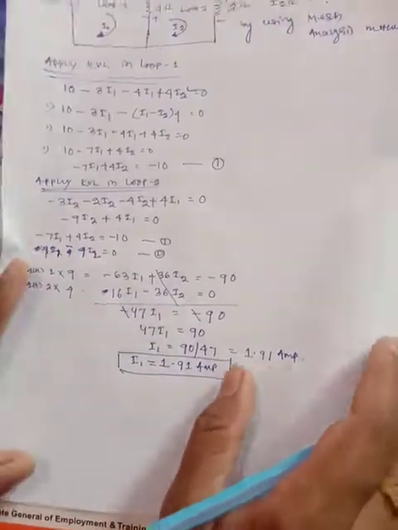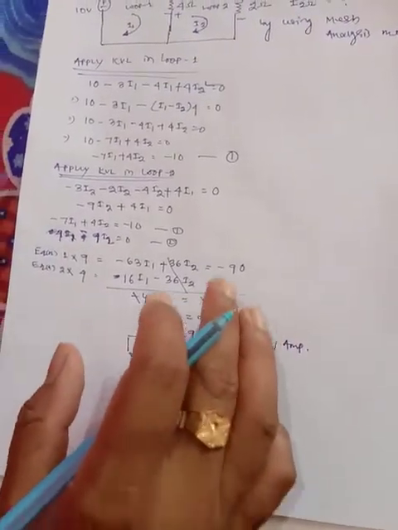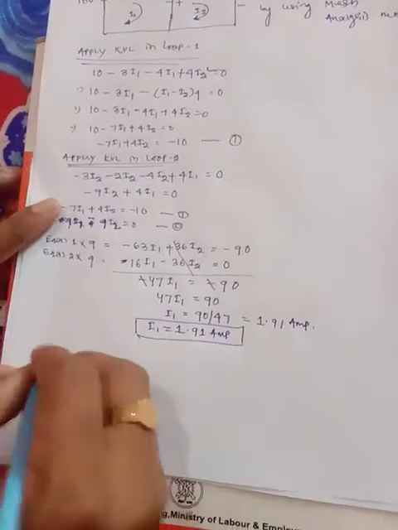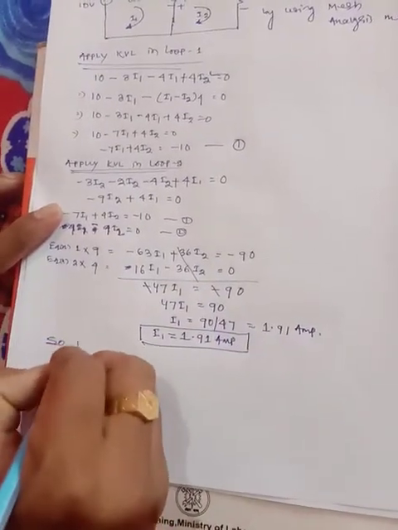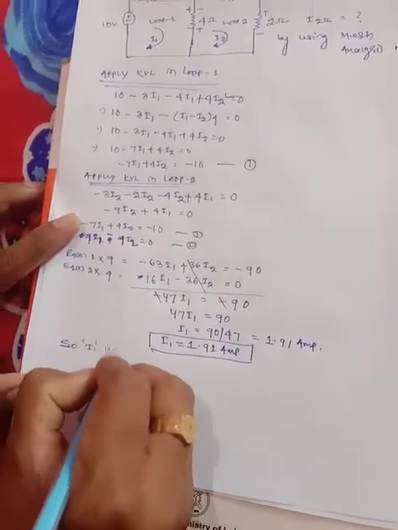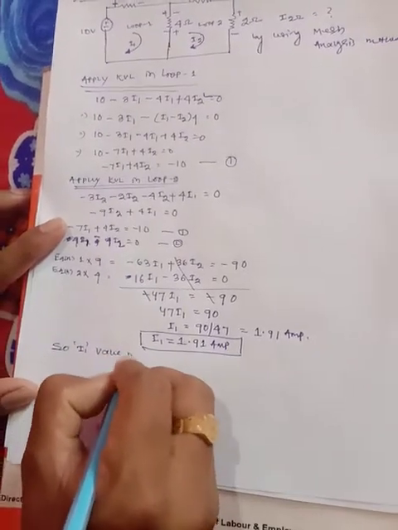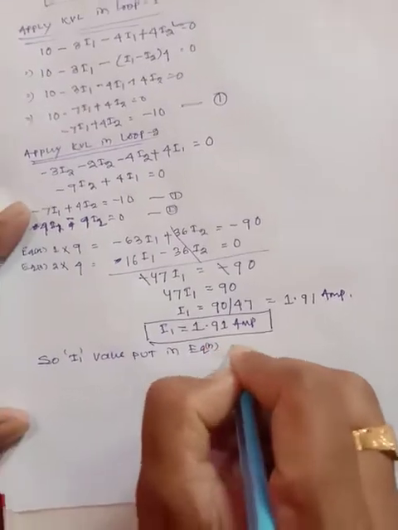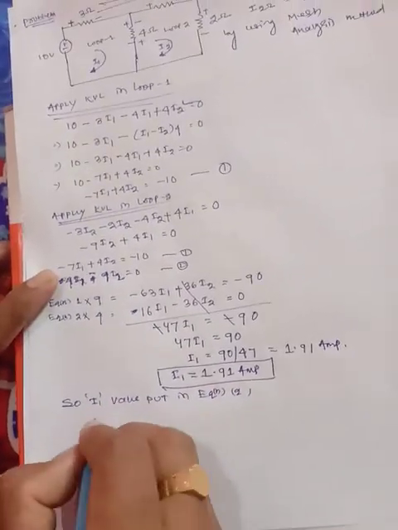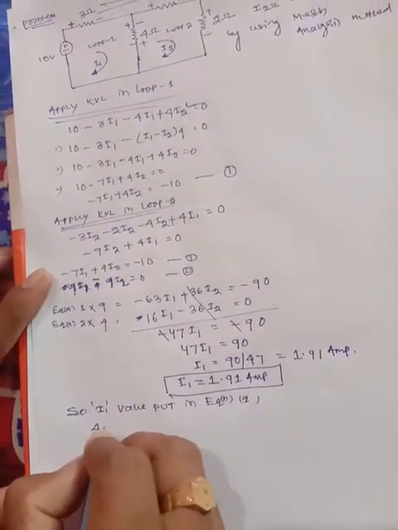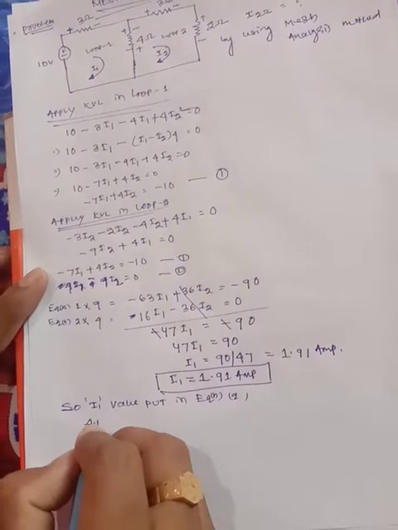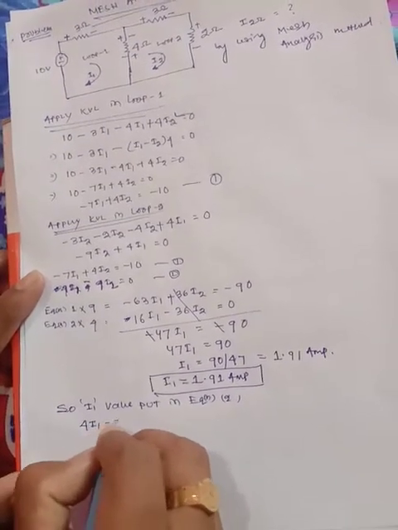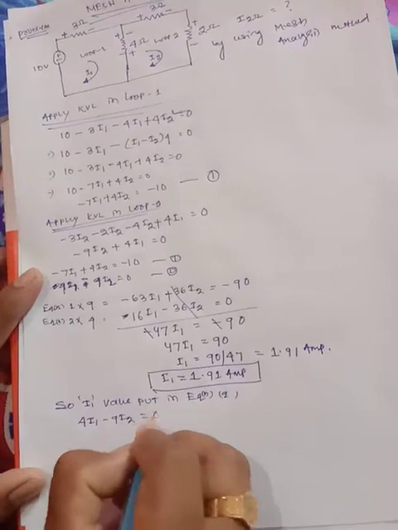Put the I1 value in equation 2, that is 4I1 minus 9I2 equals 0.